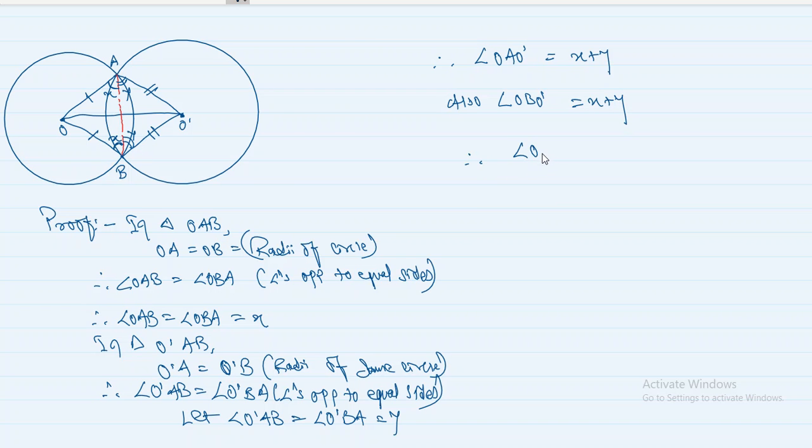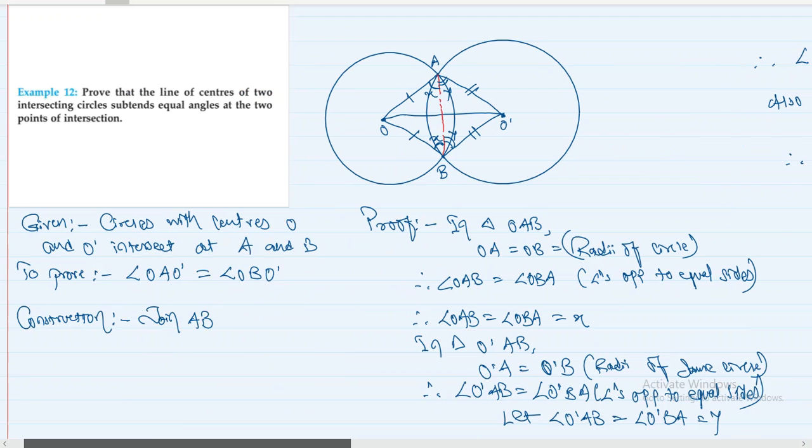Therefore angle OAO dash is equal to angle OBO dash. Proved. We have proved that the line joining the centers of two intersecting circles subtend equal angles at the point of intersection. That's what we needed to prove.